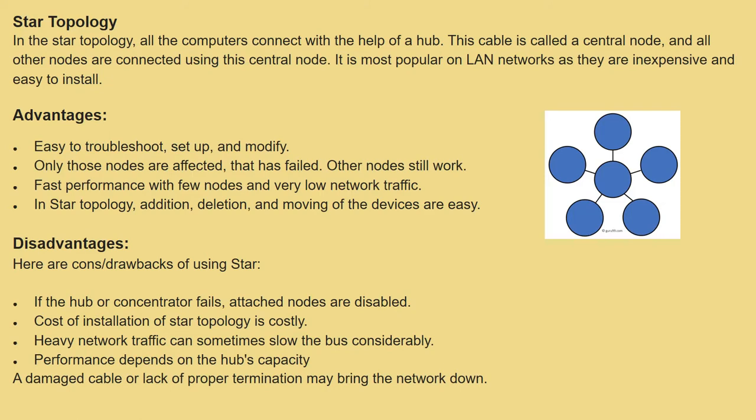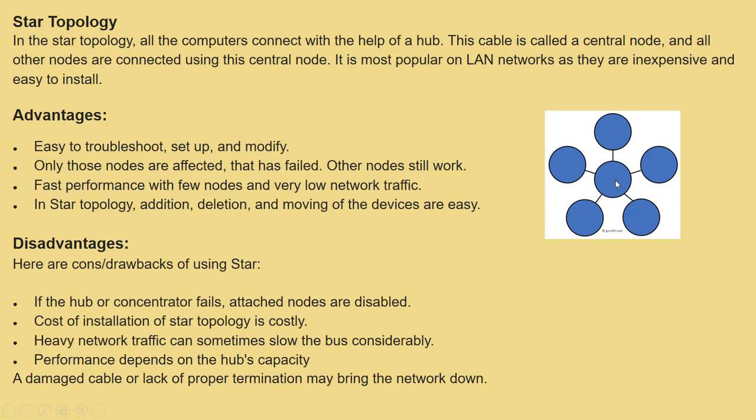In the star topology, all the computers are connected with the help of a hub. This is called the central node, and all other nodes are connected using this central node. It is most popular on LAN networks as they are inexpensive and easy to install.